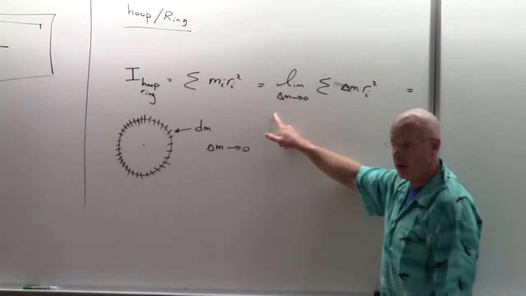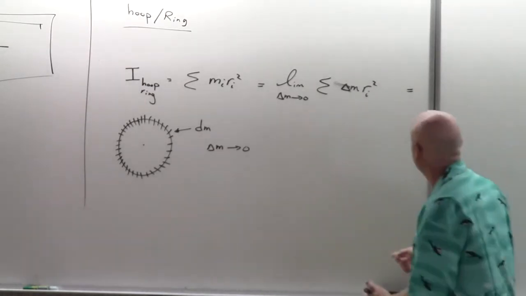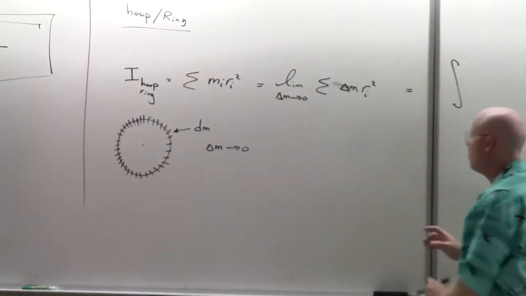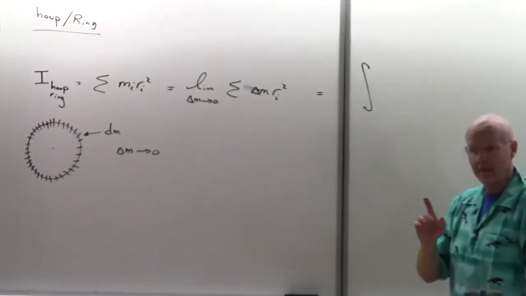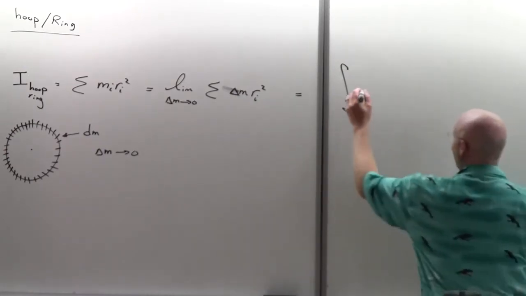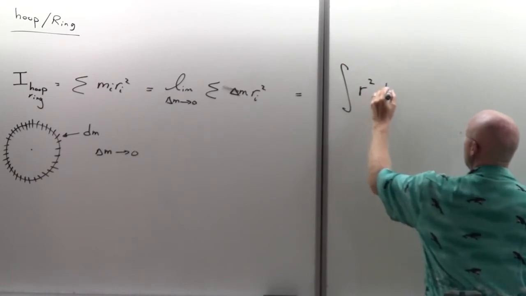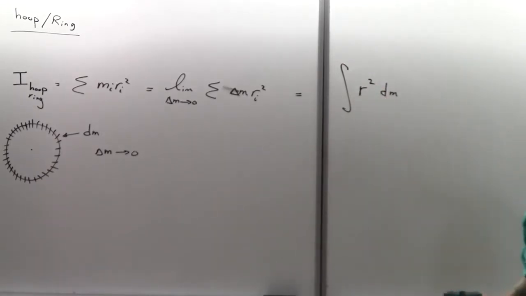Does this look familiar at all? Yeah, what's this become? An integral. An integral of what, though? r_i squared dm. Good. It is r squared, and I'll go ahead and drop the i, but you notice it was a dm, not a dr?